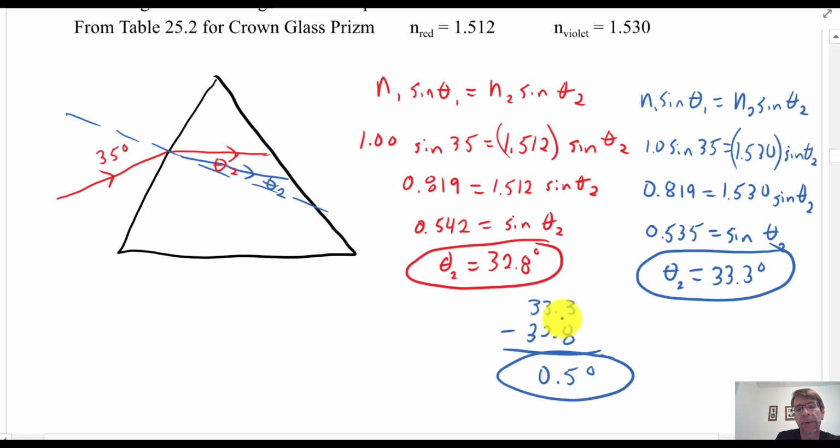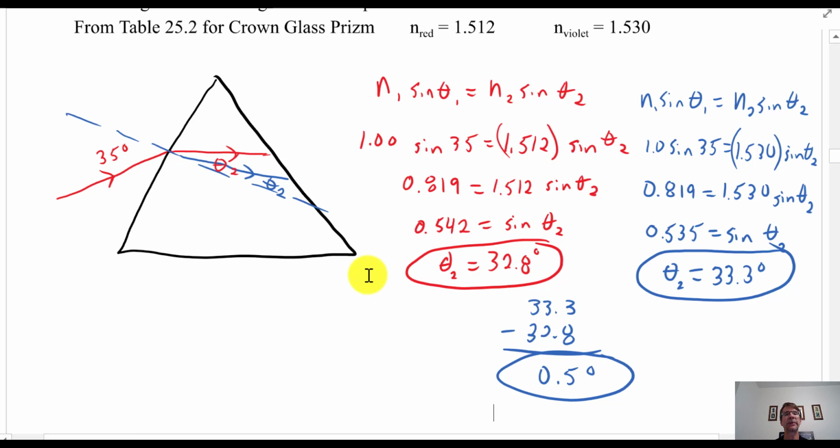That's their separation inside there. It's not much of a separation. It's half a degree of separation, but it's enough to notice. Maybe not inside. Our eyes still can't separate that, but when they come out, they separate even more, to a degree or more. Then it's a visible dispersion.